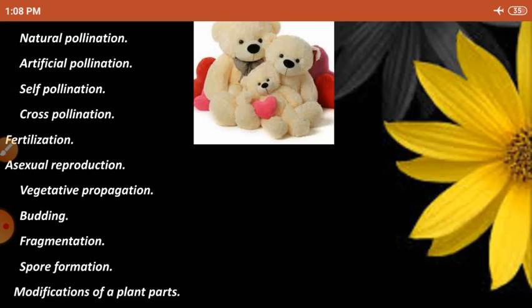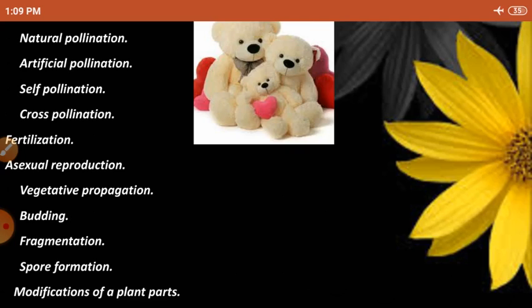Budding: a bud is produced from the adult plant, and after that the bud develops, grows and finally releases from the parent. This is called the budding process.